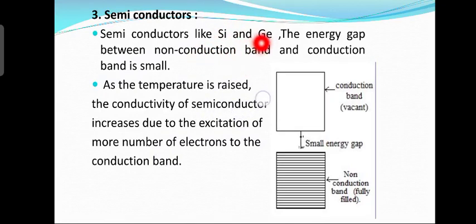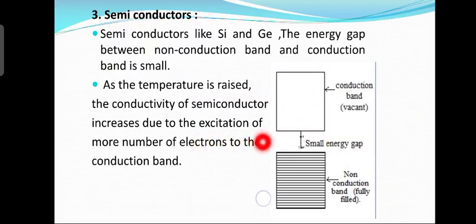Semiconductors like silicon and germanium: the energy gap between the non-conduction band and the conduction band is small. You can see here the lower one is the non-conduction band, the upper one is the conduction band, which is completely vacant, and there is a small energy gap between the two. This happens in semiconductors. As the temperature is raised, the conductivity of a semiconductor increases due to the excitation of more electrons to the conduction band.